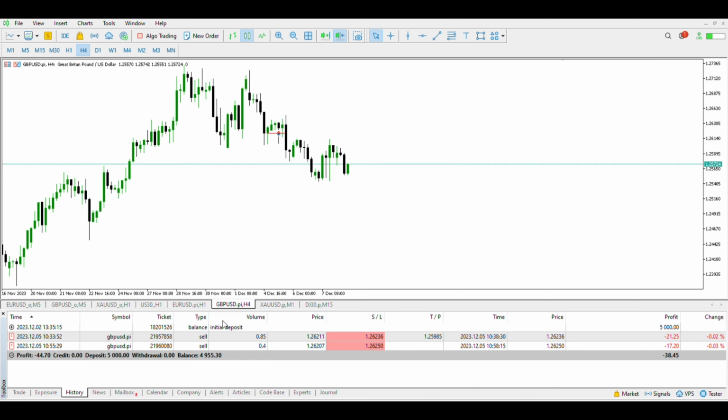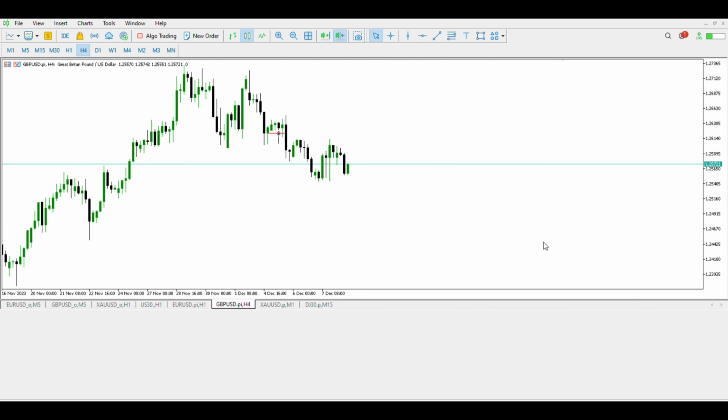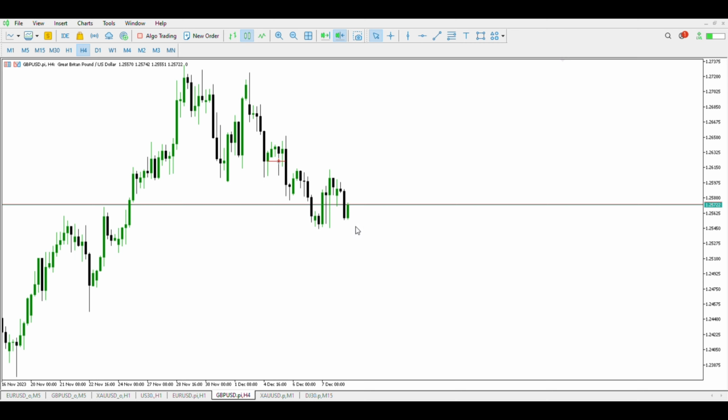If you add up the commission, it adds up to minus 44.7. It's not much considering the fact that I'm risking $30, and with one trade I can cover this easily and get back into profit. Let's see how next week goes. Hopefully it is going to be favorable for all of us.